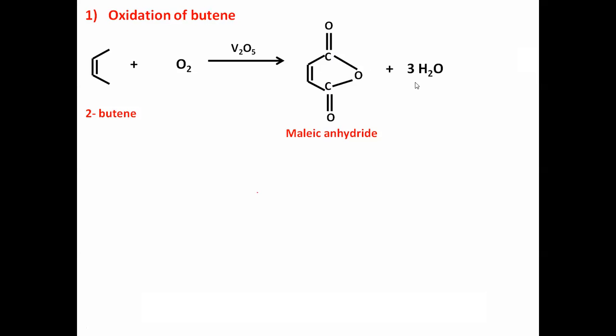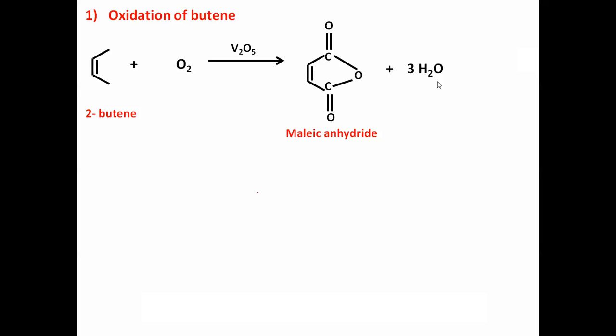So definitely there is a byproduct, and that byproduct is water. How many remain? 8 are there in the reactant. Only 2 are utilized in the desirable product. So 8 minus 2 means 6. 6 hydrogen atoms remain. So all those 6 will go into water.